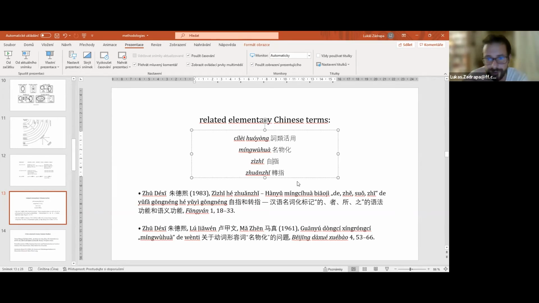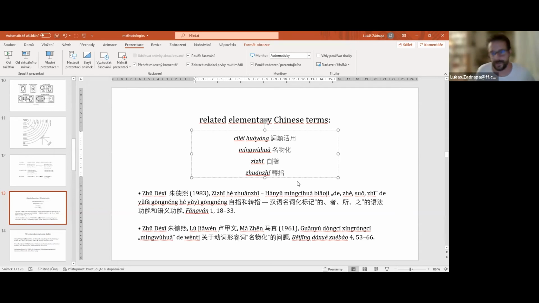This is this zhe. On the other hand, duanzhe means that the shift is more pronounced, and then, for example, we have this agent nominalization. So it refers to such terms like chooser or hunter, where the new word, the nominalized verb, refers not to the process itself, but either to the agent or to the patient, or, for example, to the instrument of the action, and so on.